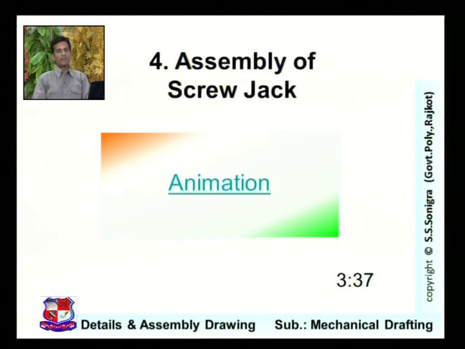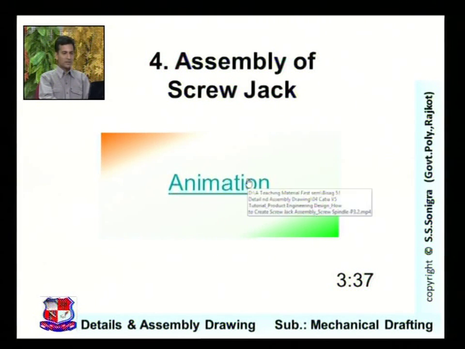Then only you will be able to easily draw the assembly of screw jack. As we know, screw jack is used to lift heavy loads, particularly in automobiles. In vehicles we use the screw jack to lift the vehicle. Here we have considered a mechanical screw jack.